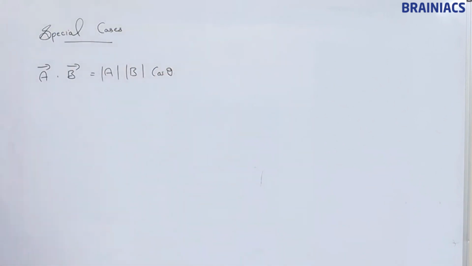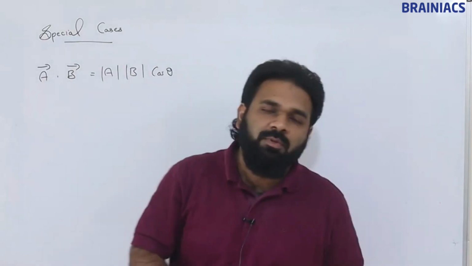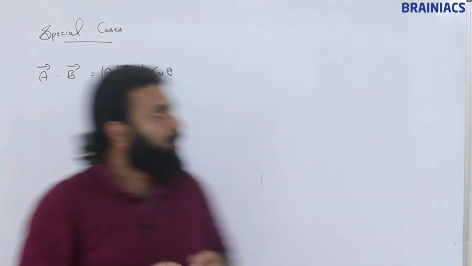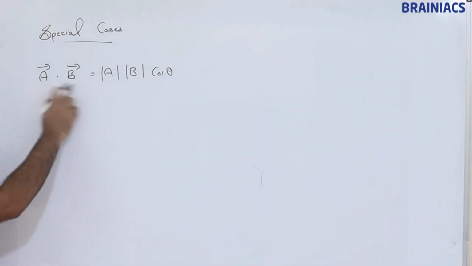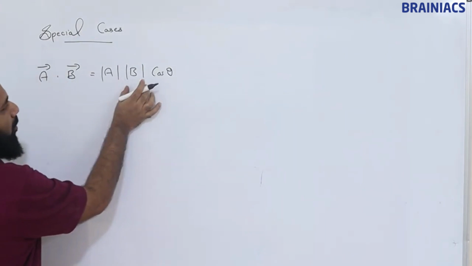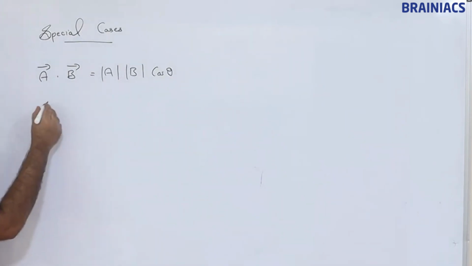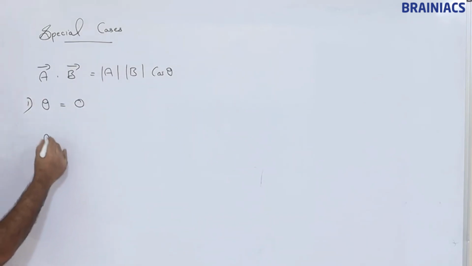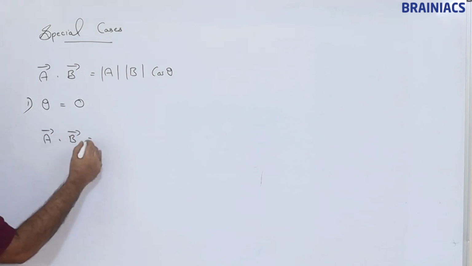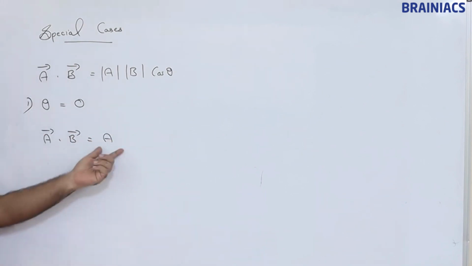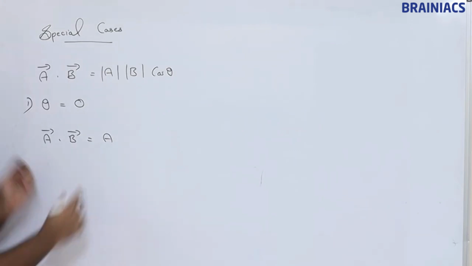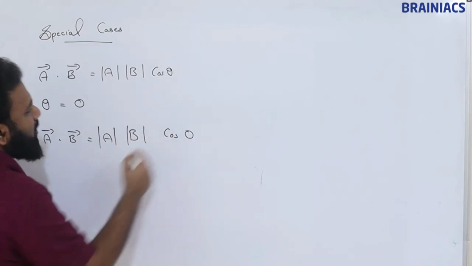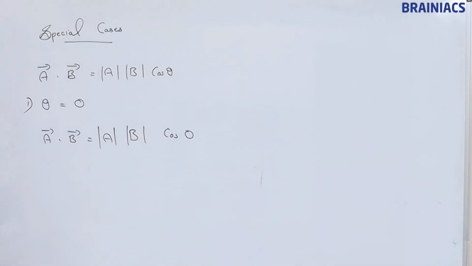Now special cases, meaning what effects will happen when we change the angle. If this is vector A dot vector B, mod of vector A into mod of vector B into cos theta. Suppose theta is equal to 0, first case. Then vector A dot vector B is equal to mod A into mod B into cos 0. Cos 0 is nothing but 1.